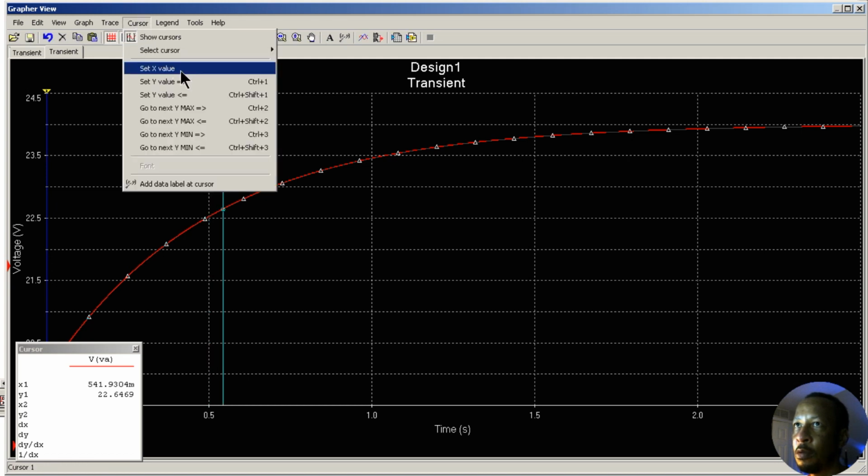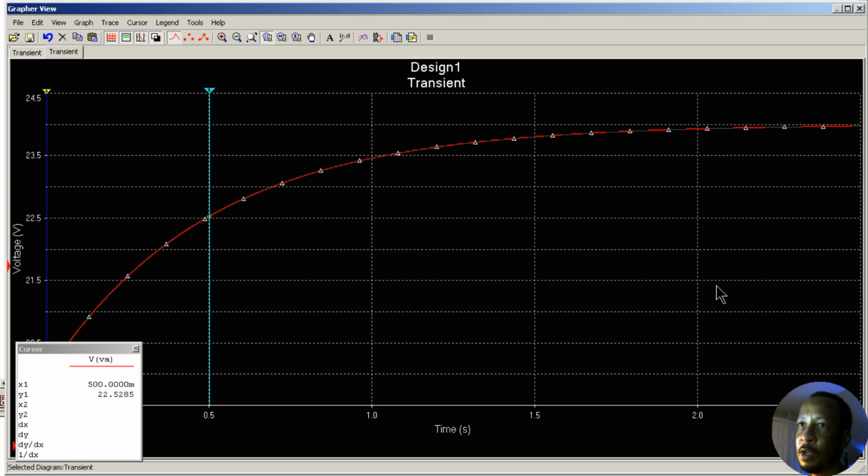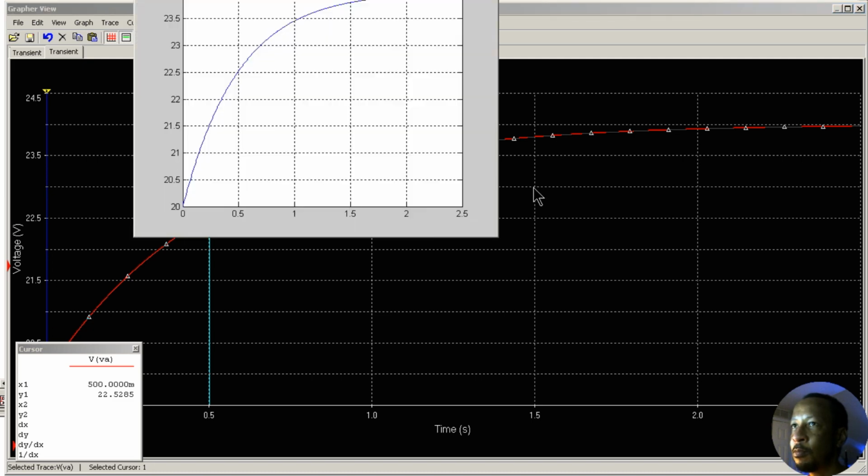Let me tell the cursor to give it an x value of 0.5. And that gives me a y value of 22.53 approximately. So let me go ahead and run my MATLAB script.